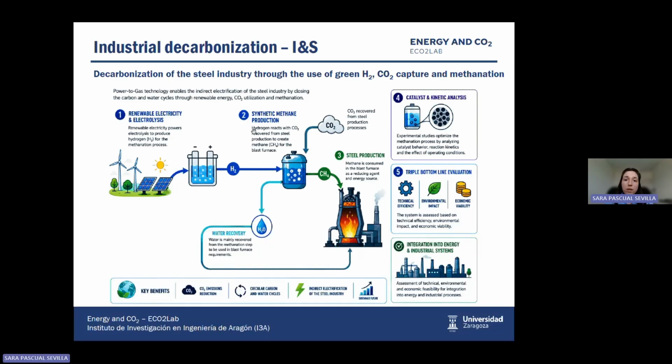In this methanation process, we need another reagent, which is CO2, and the CO2 is recovered from the steel production process.